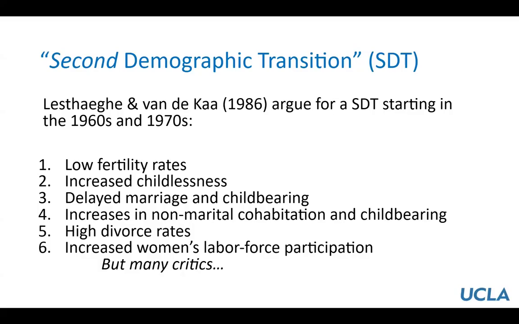And I think credit for this term can be given to Ron Mustaga and Klaus van der Kok, who in 1986 made an argument saying that all sorts of things changed in the 1960s and 70s, owing in part to modern contraception and sort of the rise of second wave feminism and changes in women's rights. They argued low fertility rates had arrived, increased childlessness, delayed marriage and childbearing, increases in non-marital cohabitation and childbearing, high divorce rates, and then later they added this piece about women's labor force participation.